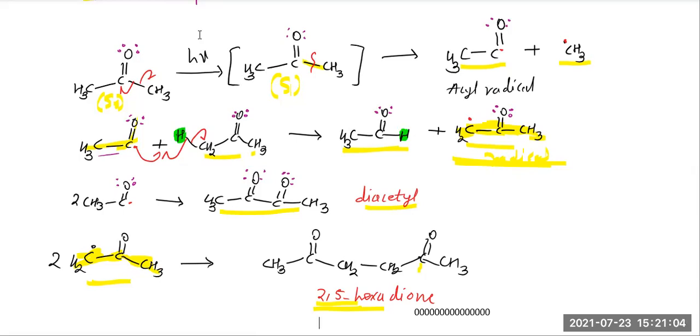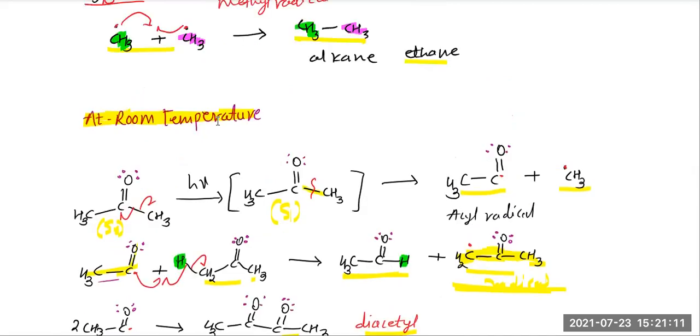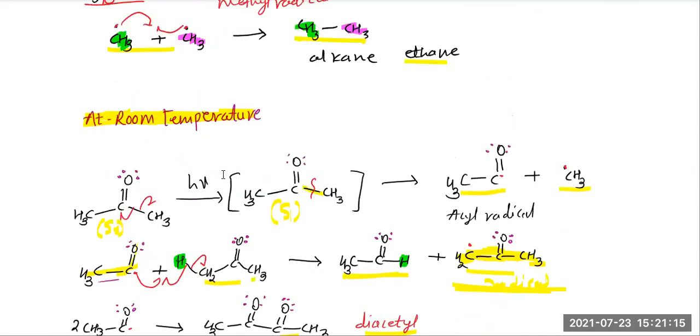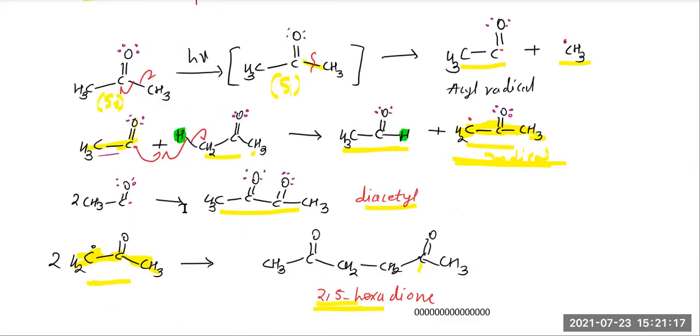These reactions are not very useful in synthetic steps. So this Norrish type of reaction is not that useful in synthesis because there is too much product formation, and the product proportion totally depends upon the reaction rate. Okay.